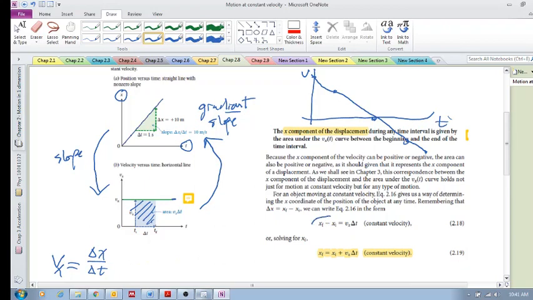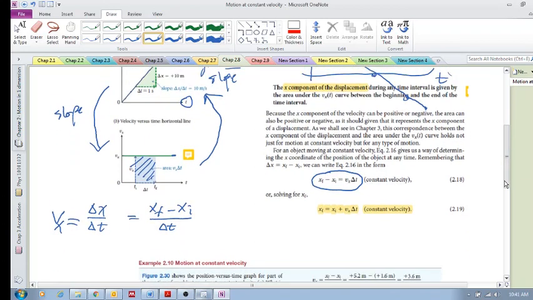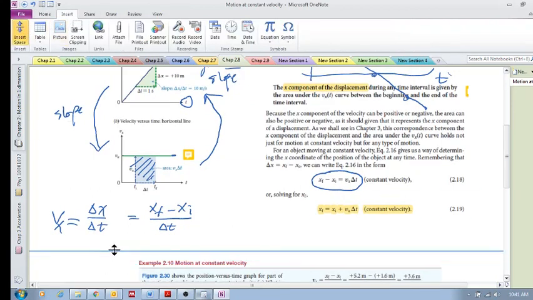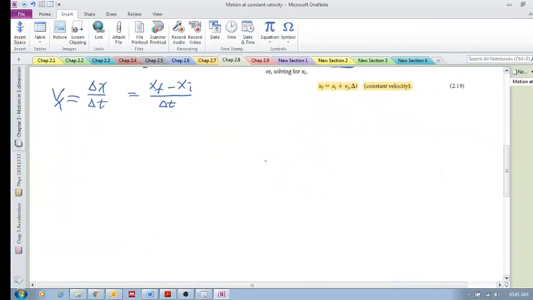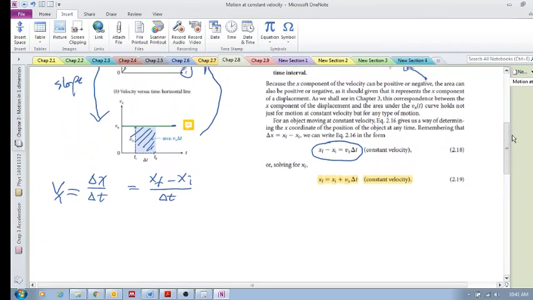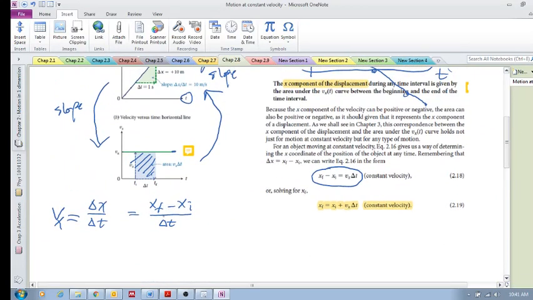Remember that this is x final minus x initial over delta t. So if we rewrite this, then x final minus x initial is equal to v times delta time. Okay, so I've just rewritten this, and this is what we get.